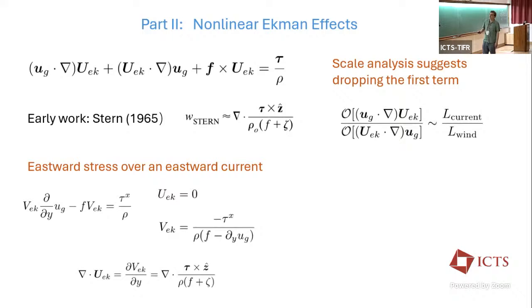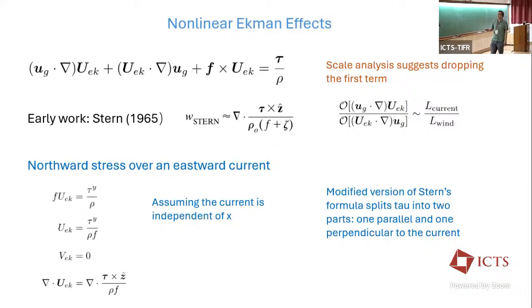When I solve for v Ekman, I get that it goes like tau over f plus zeta, that is, f plus the relative vorticity associated with this plane parallel flow, this straight current. And u Ekman will then be this formula given by Stern.